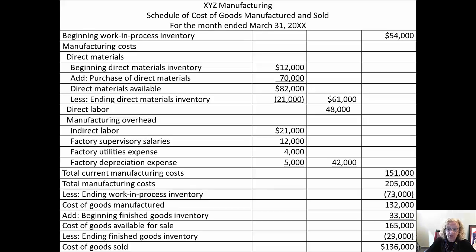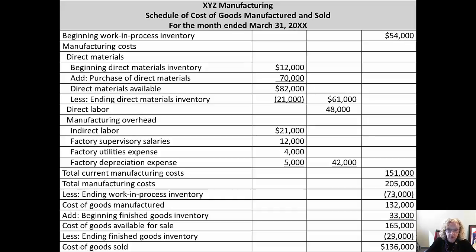So now, this is a schedule of cost of goods manufactured and sold. It looks really complicated, but it's actually just a compilation of everything that we figured out in the previous steps. Let's take a look at it. Up here, we have our heading. Every financial document that you ever produce has to have a heading.